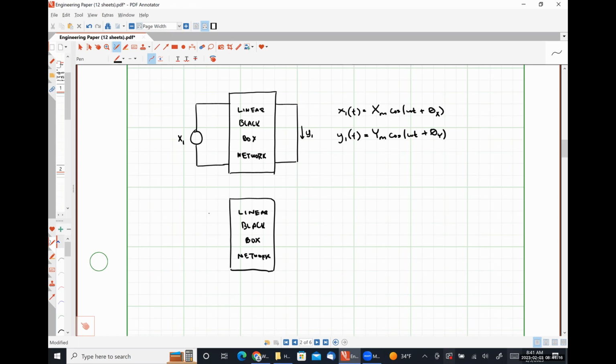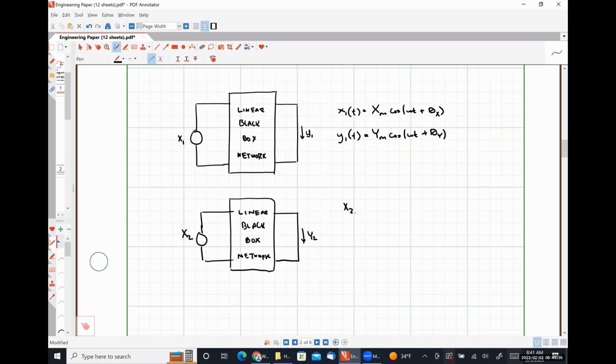We're going to put in a different input signal. This time it's going to be X2. And our response should in turn be Y2, right?